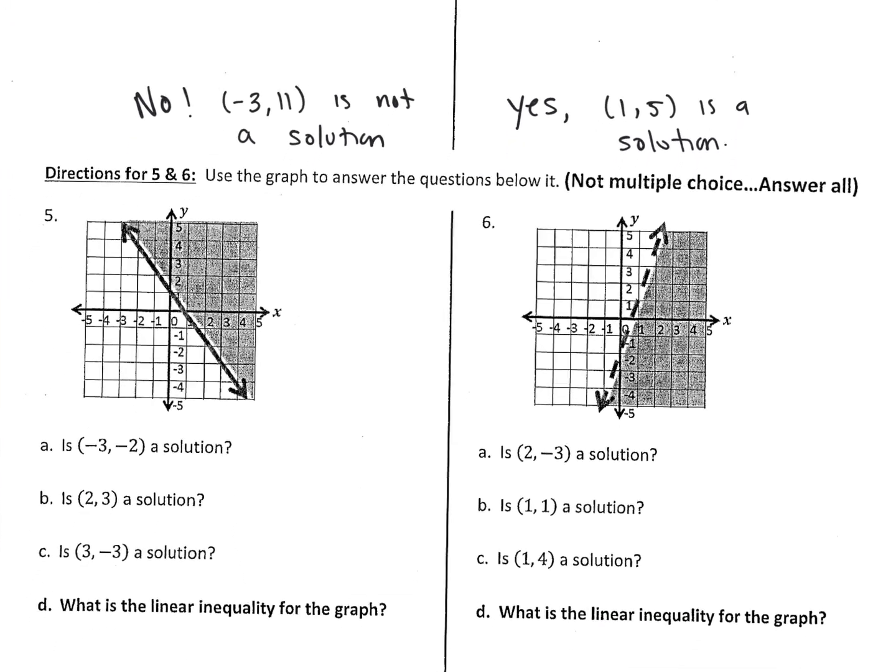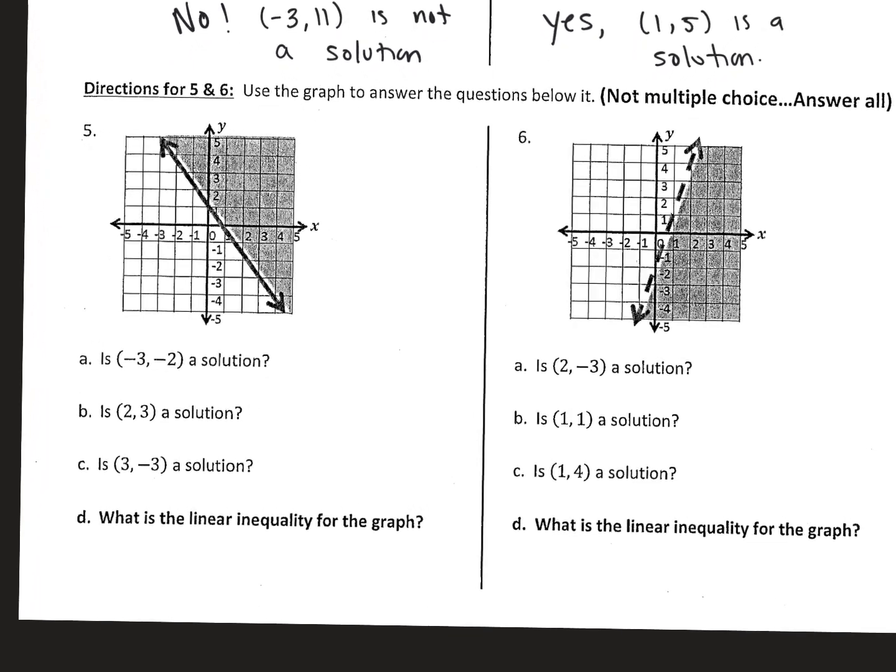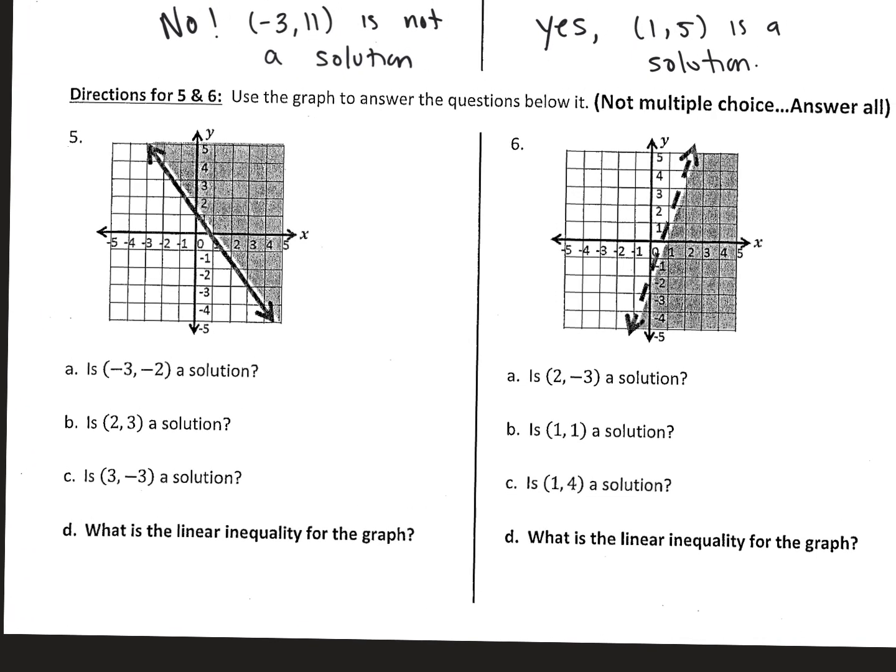So if you look underneath at 5 and 6, these show how we graph our linear inequalities. So on a graph, we have our line, and because it's an inequality and we're saying something like y is greater than any of that stuff, we shade in part of the graph to show the side that would be greater than.